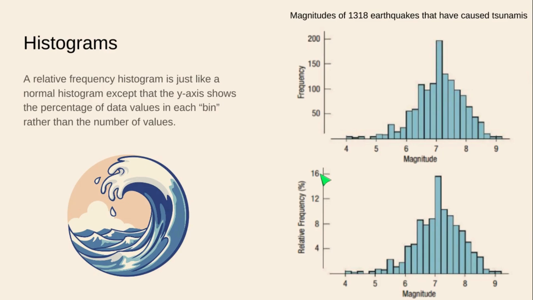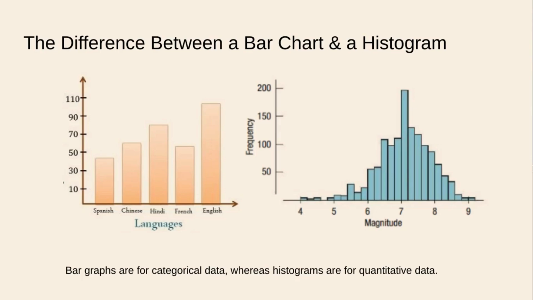Right? So that's how we would read a frequency histogram versus a relative frequency histogram. We're not looking at counts, we're looking at the proportion that each of these bars makes up of the total 100% of our data.